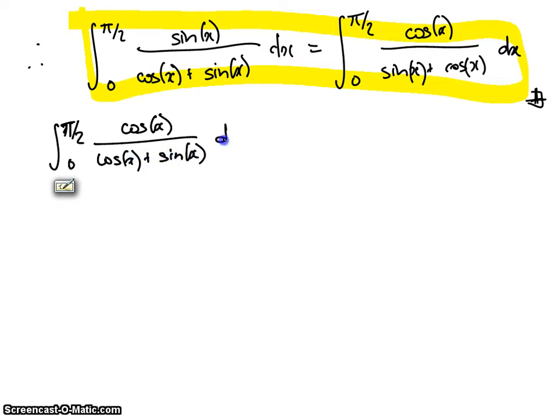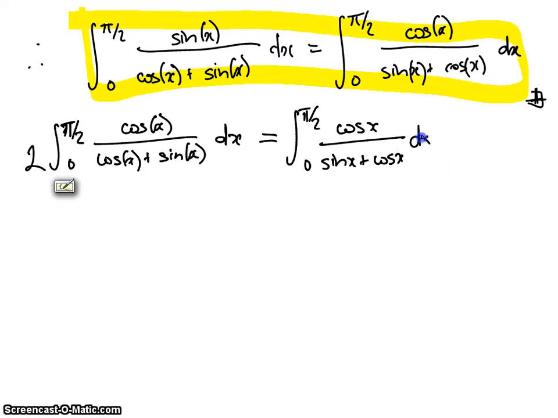This is going to be quite hard to integrate on its own. But what happens if I had two of them, right? Then this is the same thing as the integral from 0 to pi upon 2 of cosine x over sine x plus cosine x plus itself again.